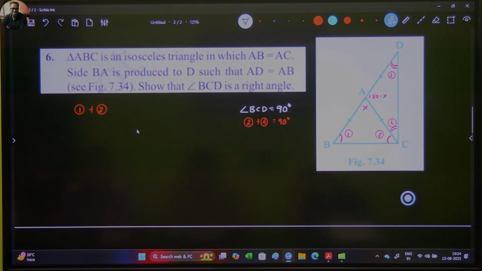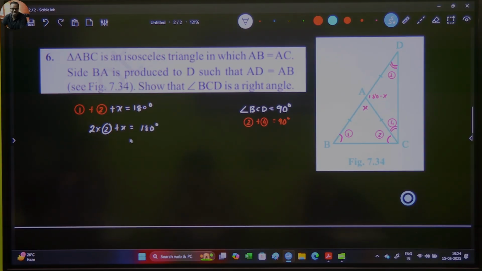So 1 + 2 plus x should be equal to 180 degree. Do you agree or not? But 1 and 2 are equal, I can write 2 times of angle 2 plus x is equal to 180 degree because 1 is equal to 2.